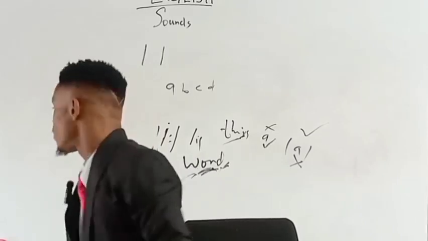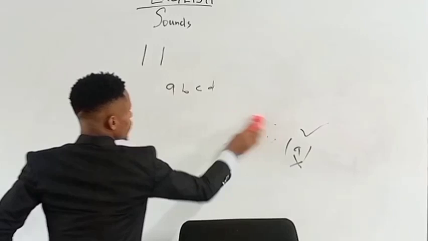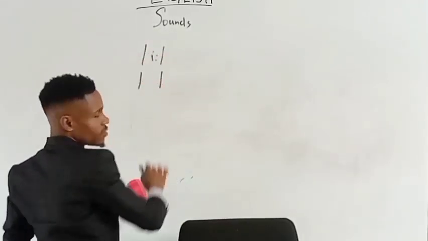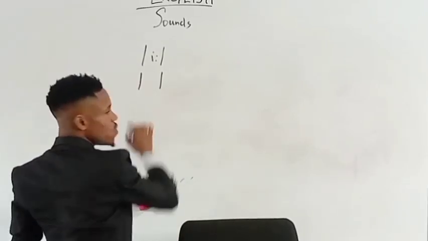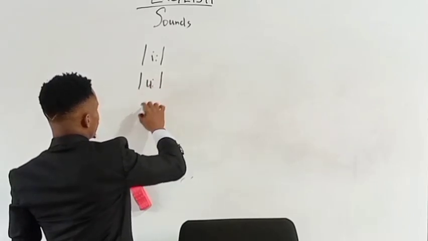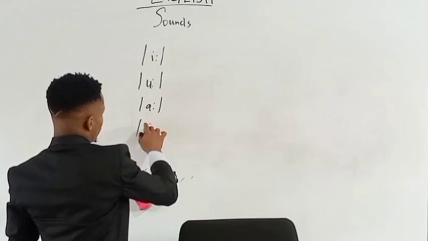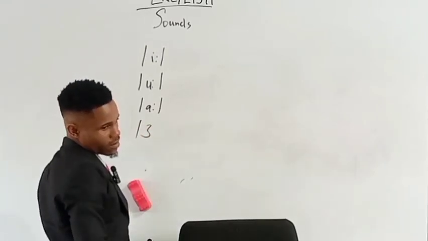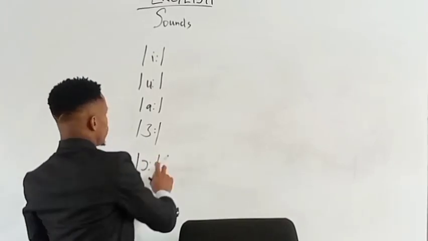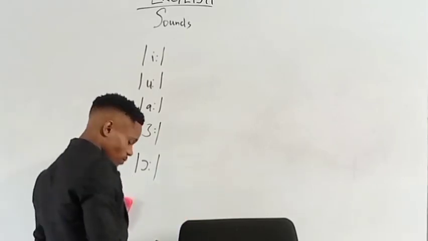We have E, we have U, we have A, and then we have O. These are the long vowels.